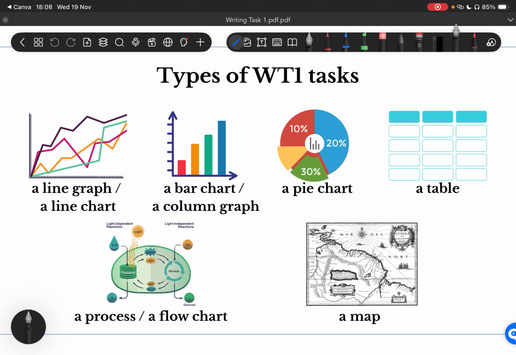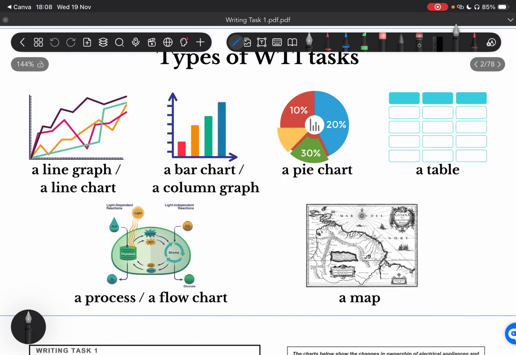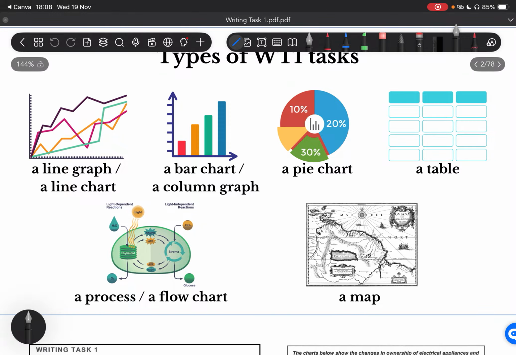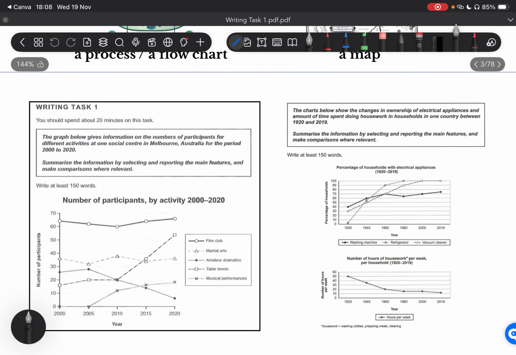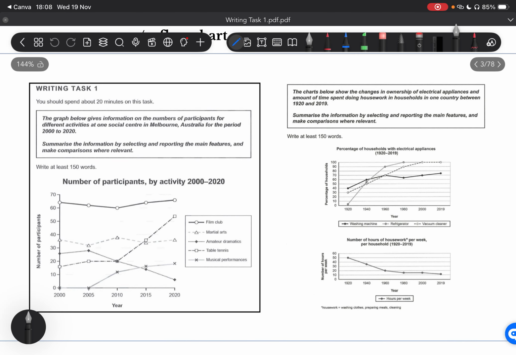And as I said, the first 4, we group them into charts because they all have similar types of information. So as you can see here, we have line graphs in the IELTS writing task 1 of the academic type.